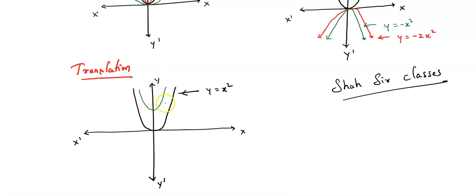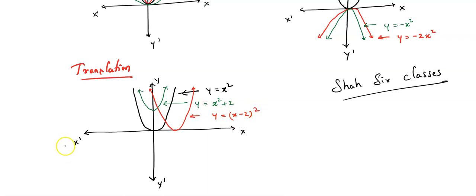This is y equals x square plus 2. And then we have one more parabola curve, which is this. This is y equals x minus 2 whole square.